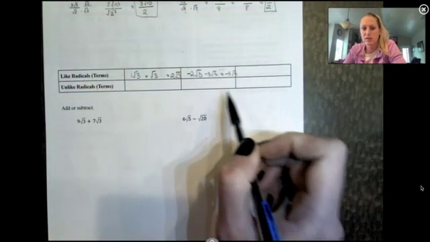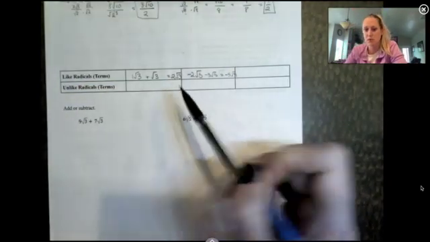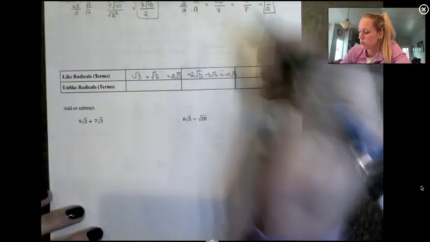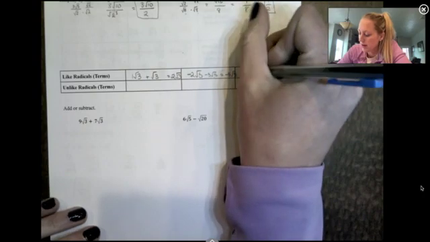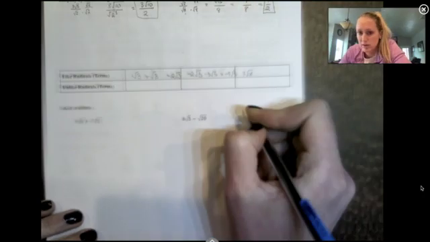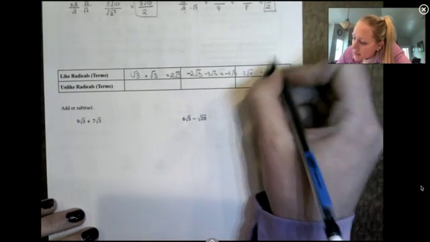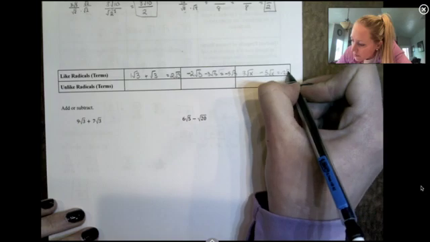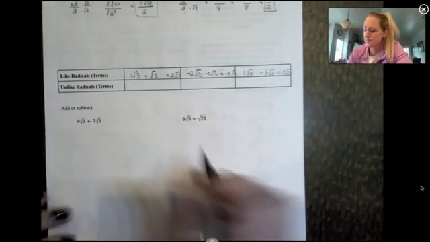So whatever is underneath the radical stays the same, okay? Sure, we'll give one more example. If I have 3 times the square root of x, minus 5 times the square root of x, that's going to be negative 2 times the square root of x, okay?